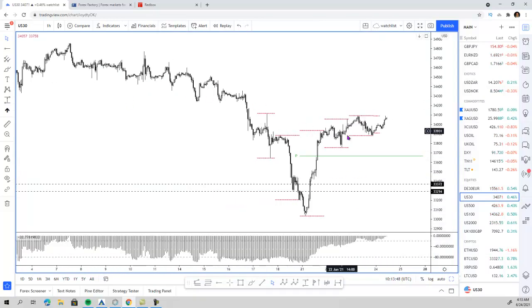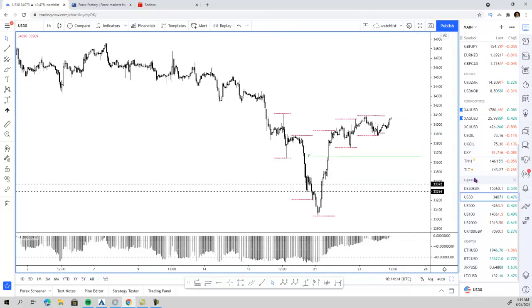And what I'm looking at here, again, a flat triangle, these are continuation patterns, the upside is being capped by the 34,100 level, right? And buyers continue to pick up price higher and higher, right? So we are going to be long at the breakout of that flat triangle. I'm just going to write the analysis later, and I'll send it to you guys.